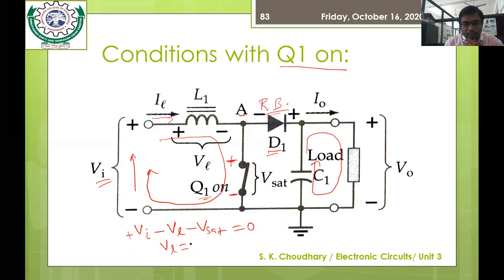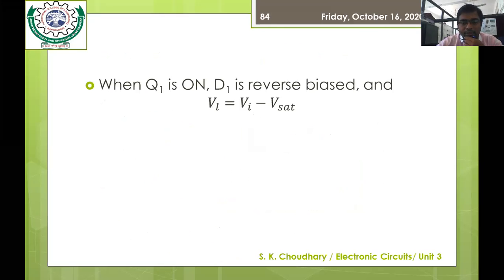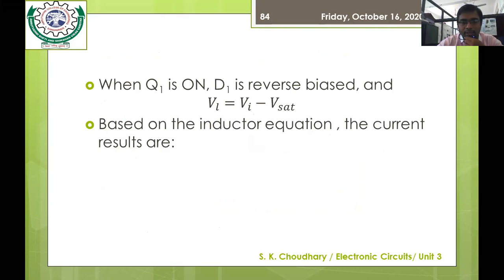So what is the voltage across the inductor? VL is equal to VI minus VSAT. Okay, so this is the amount of voltage available across this particular inductor. Now this is the first condition in which the boost regulator operates, when your switch Q1 is on. That is, D1 is reverse biased and VL is like this.